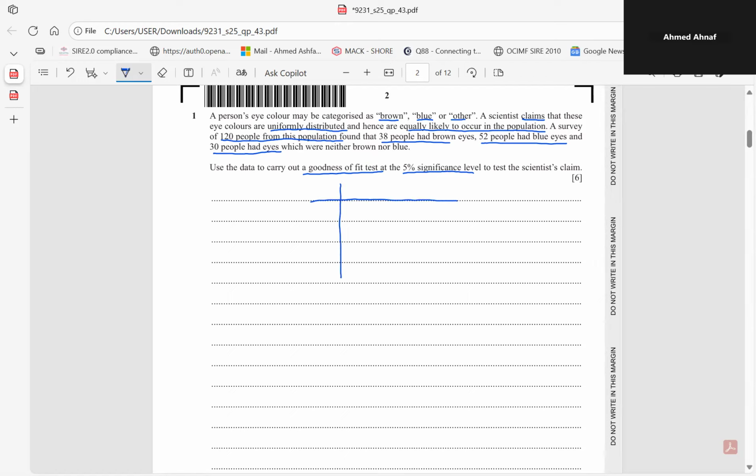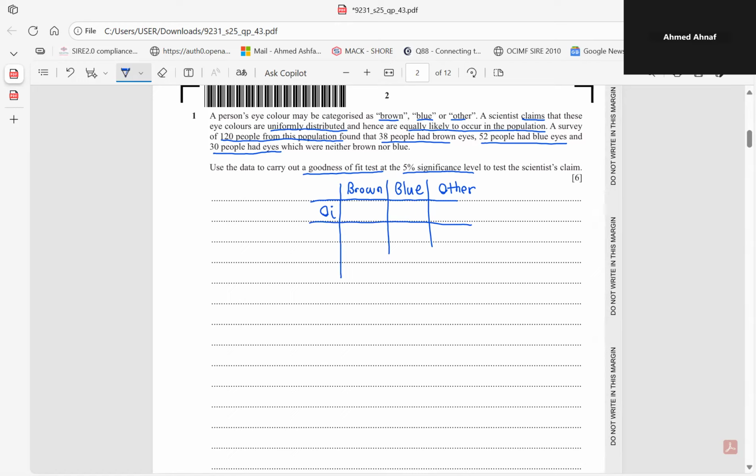Let's write down our categories: brown, blue, other. Let's write down the observed frequency. That's basically what we counted from the actual results.